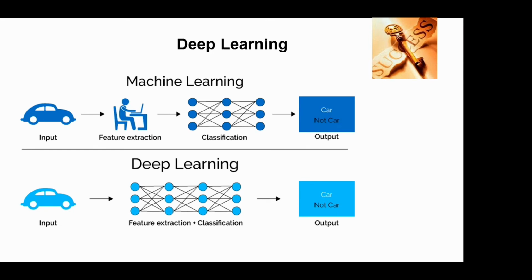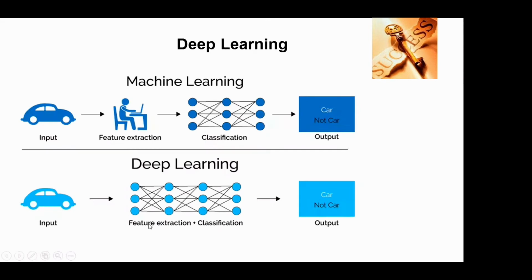First you clean the data set and extract the features, then those features are supplied to the classifier to train the model. But in deep learning you are using the neural network architecture, which will automatically extract the features.